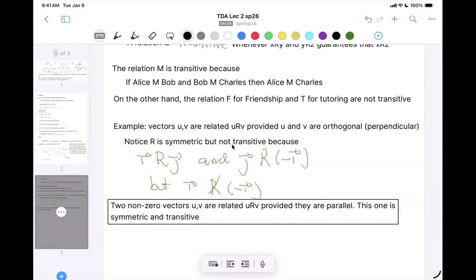Okay, we're almost done with the definitions. But again, it's useful to understand these properties of a relation. A relation could be symmetric or not, could be transitive or not. The other useful property that is usually defined for a relation is being reflexive. A relation is reflexive if any of the objects is always related to itself.